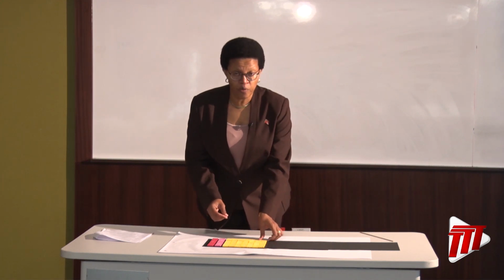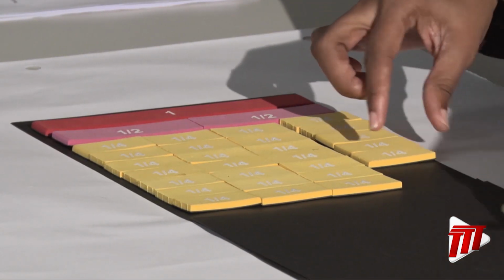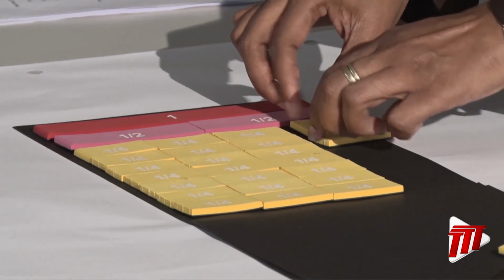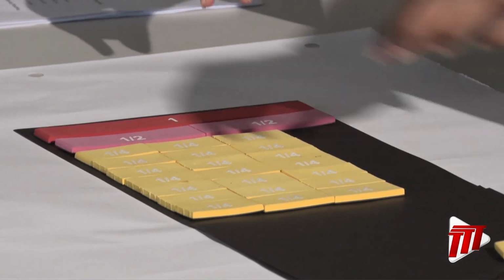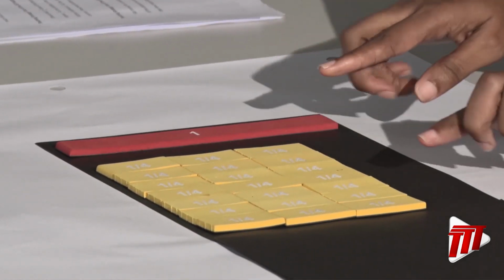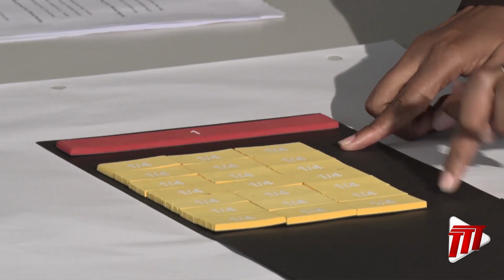Let us focus on our 21 quarters. I would like to remove the quarters that we will not be needing. I would like to remove the halves, which we have already used. And I would like to take the 21 quarters and arrange them into wholes.